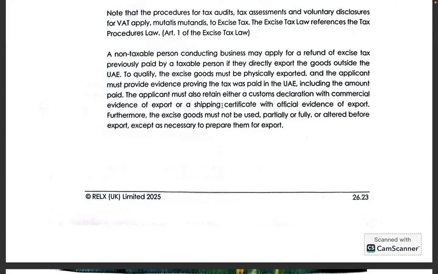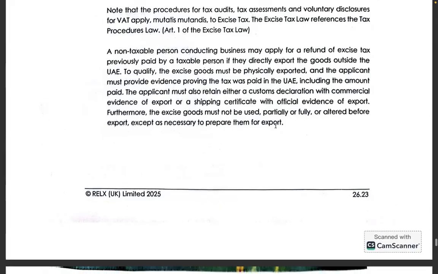Furthermore, the excise goods must not be used partially or fully or altered before export, except as necessary to prepare them. Preparatory changing is allowed.